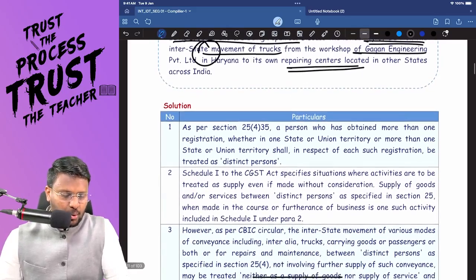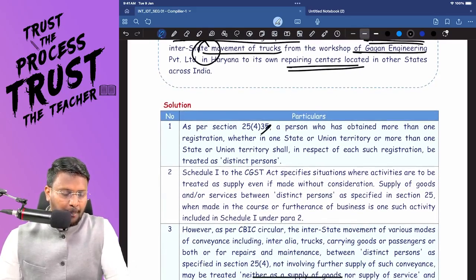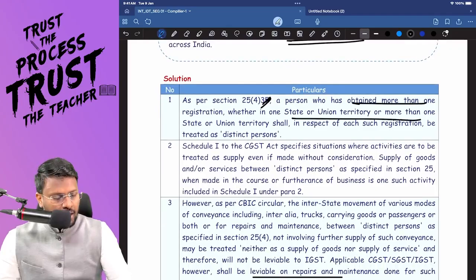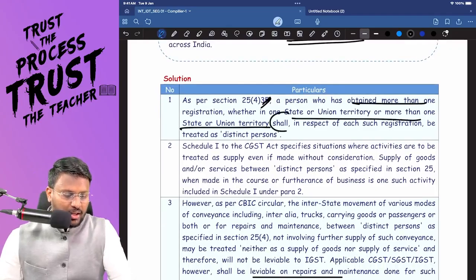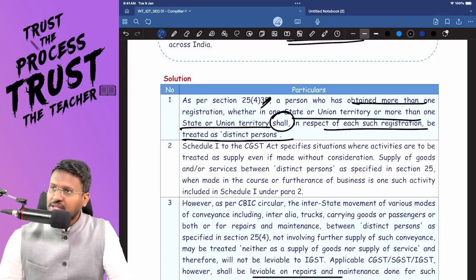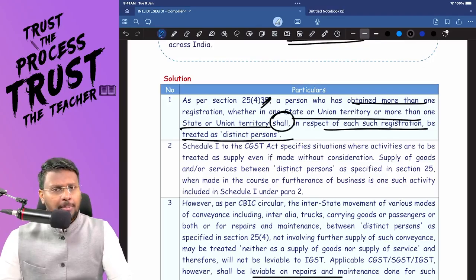As per Section 25 subsection 4, a person who has obtained more than how many registrations, whether in one state or union territory or more than one state or union territory, shall in respect of each such registration be treated as what person? We know, sir, when you take multiple registrations in multiple places, it will be treated as distinct persons.